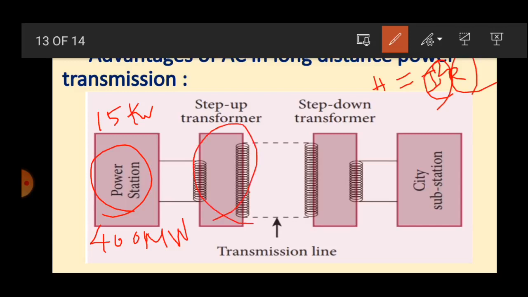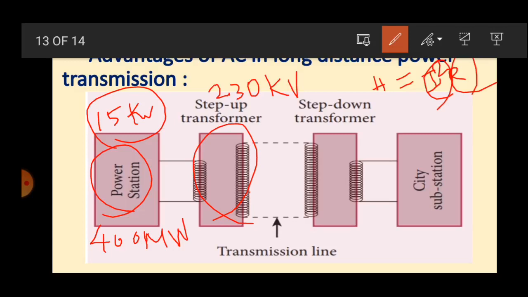The step-up transformer converts 15 kV to 230 kV before transmission.